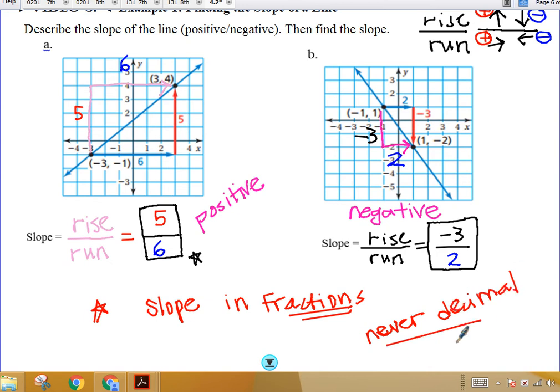Never decimal. Sometimes people write it as a decimal, like -3/2, that's -1.5, right? But this is very, very rare. When you're graphing, which is what we concentrate on in 8th grade, you're going to want a fraction. So please keep that in mind.